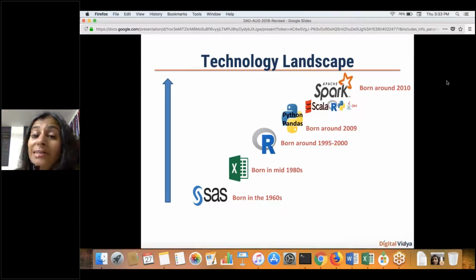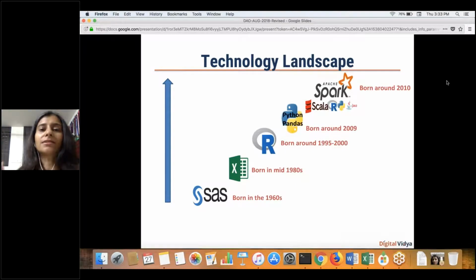Now, if you look at SAS as a software, it's one of the largest vendors. It has stood the test of time completely. It is equivalent to, say, SAP in the ERP space or DB2 and Oracle in the database space. Right? So it is a big vendor, big implementations, of course, expensive licenses.